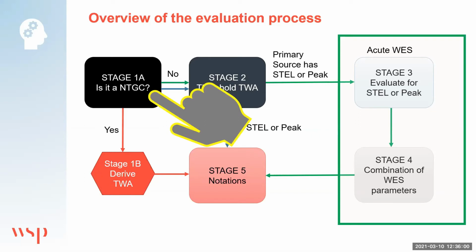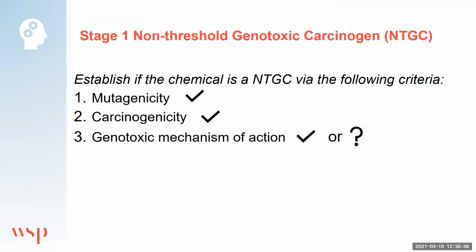I'm about to talk about this stage here, stage 1 and 1A and 1B. Okay, establishing if a chemical is a non-threshold based genotoxic carcinogen. So there were 3 criteria: mutagenicity, carcinogenicity, and genotoxic mechanisms of action.